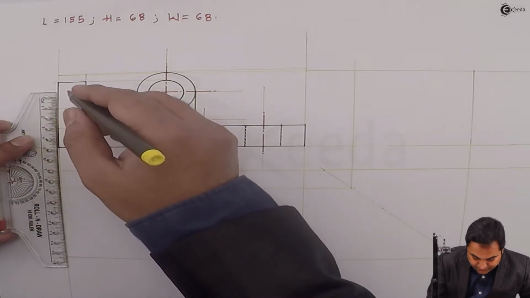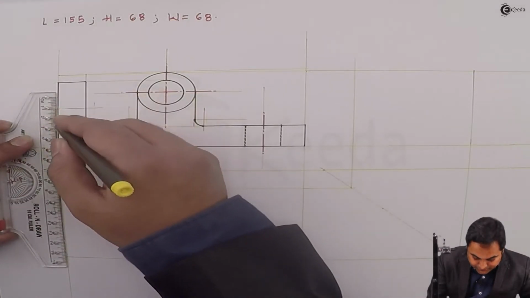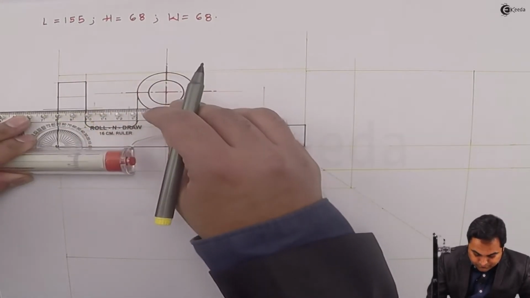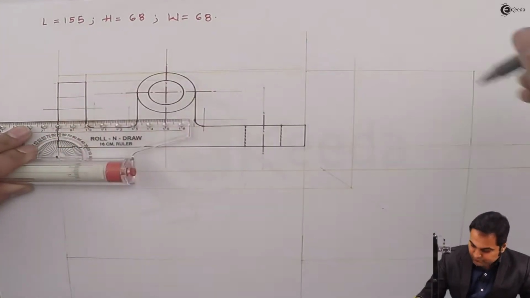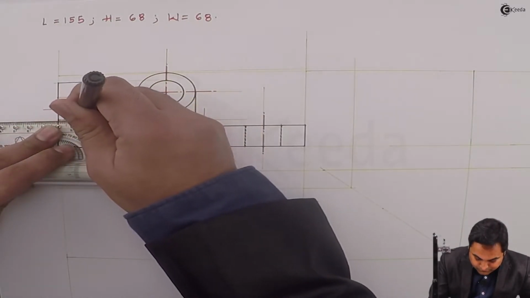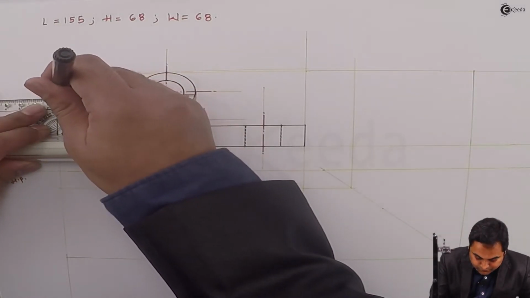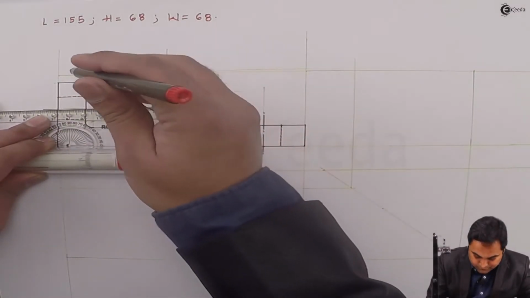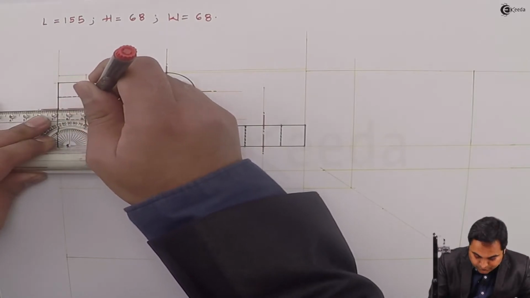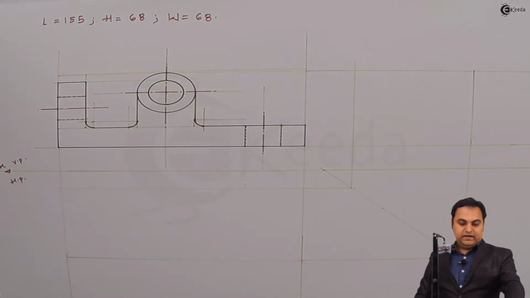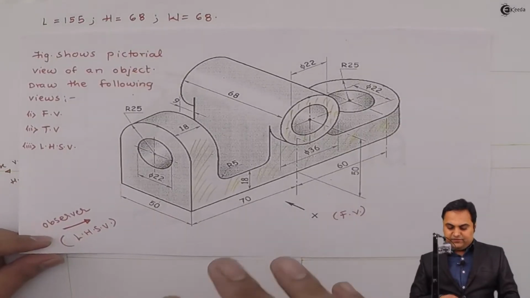So taking 11 mm on one side, 11 mm on other side. So here is the hidden circle, and after that, with this, I can say that the front view has been completed.